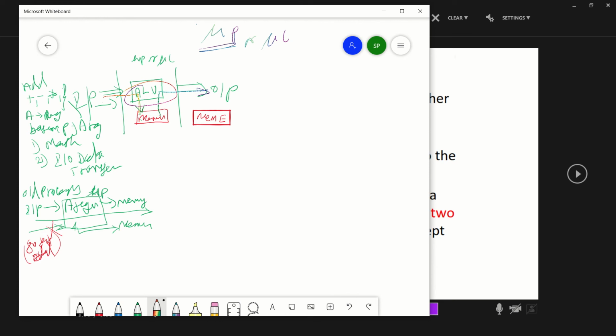To avoid this, for effective or parallel utilization of the ALU, we plan like this. This is the ALU, and I am also going to put some memory and one more device. This device is the DMA, direct memory access. Okay, so I want to transfer the data.